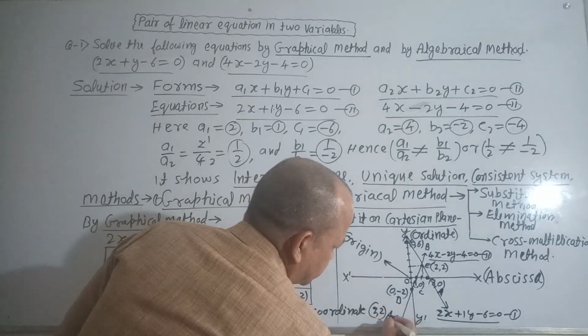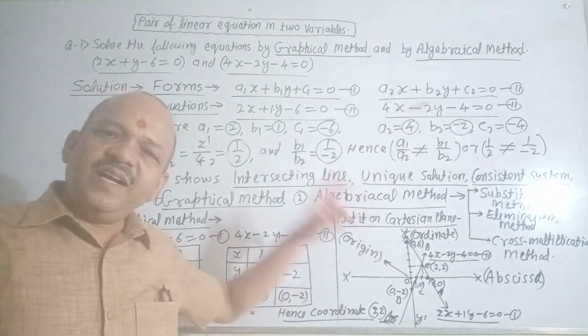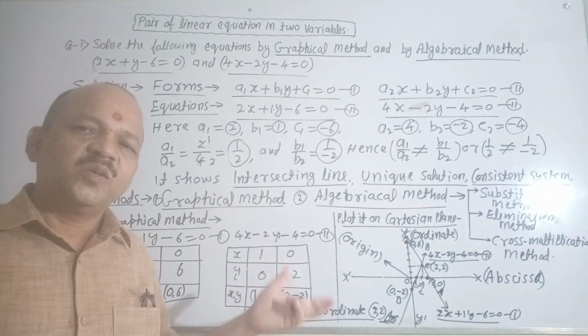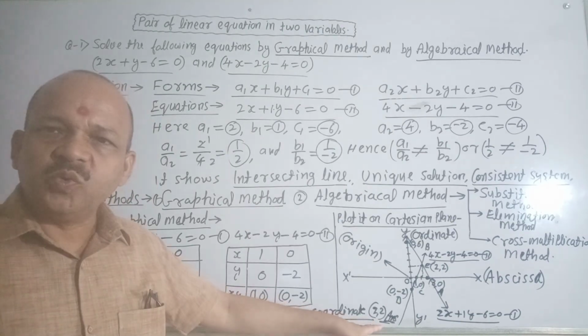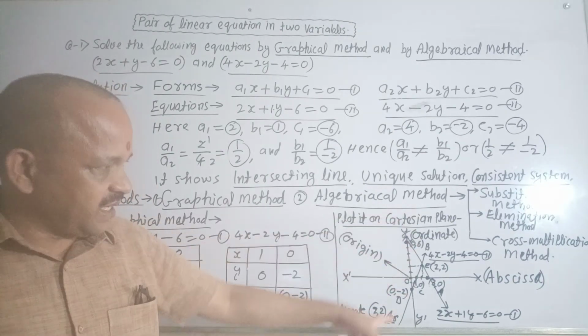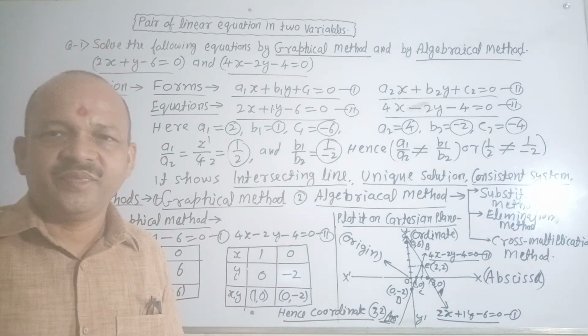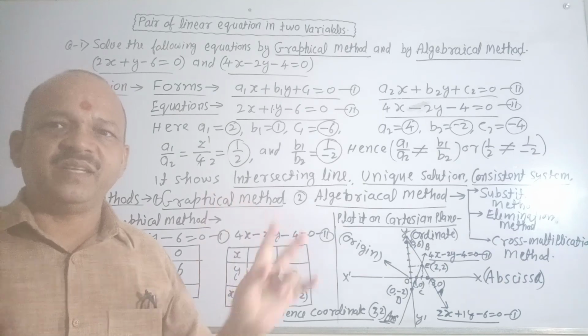Answer. You plot all points on the Cartesian plane and you find the coordinate of intersecting point (2, 2) of intersecting lines AB and CD. Clear? No confusion about it? Very good.